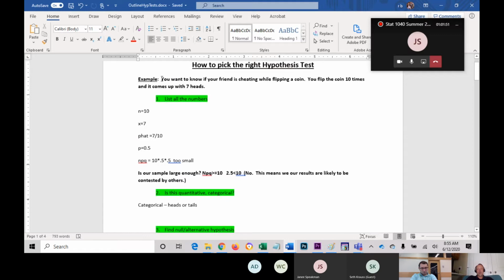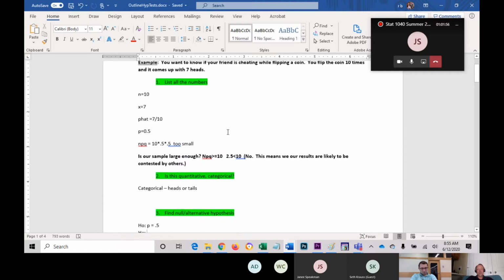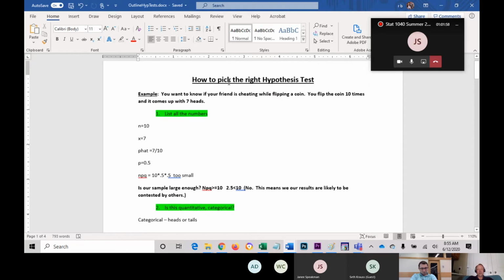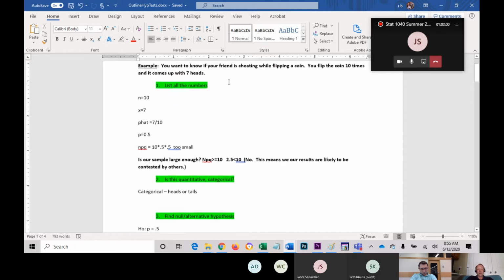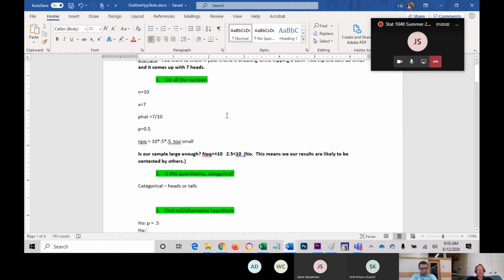Okay? All right, now you want to know if your friend is cheating while flipping a coin. So what's the alternative here? What do you think? So would it be greater than 50% or like? We haven't really defined what's a head and what's a tail, right?